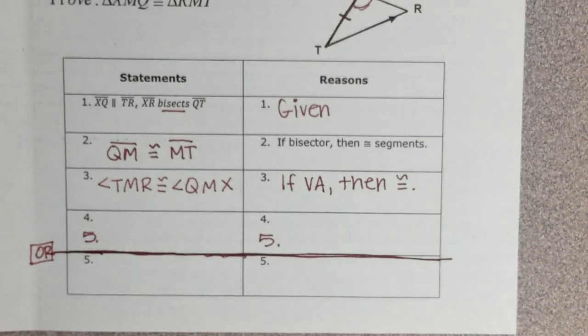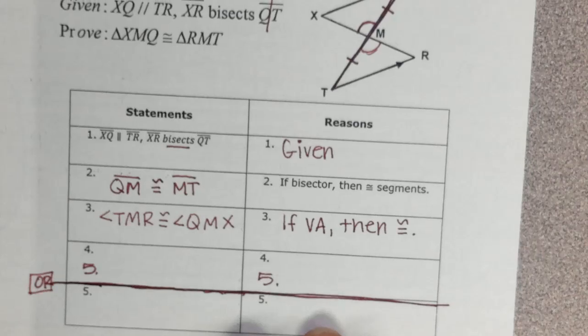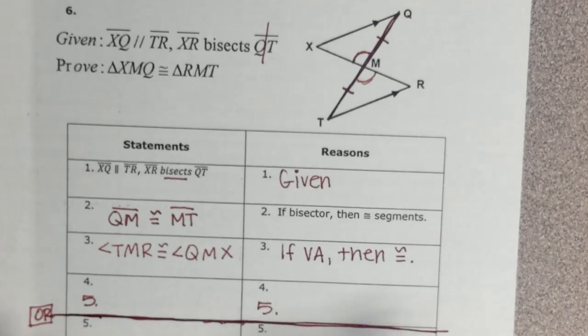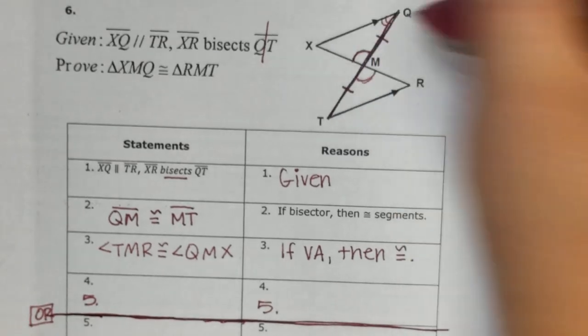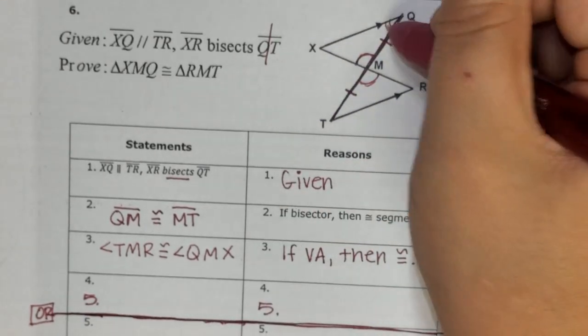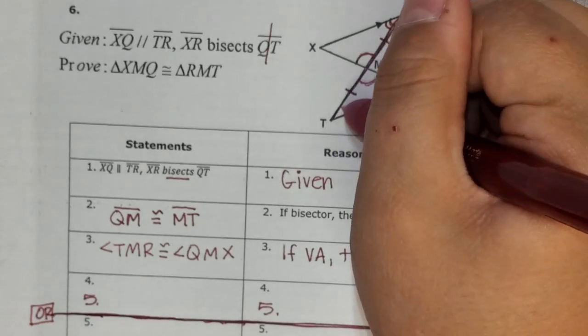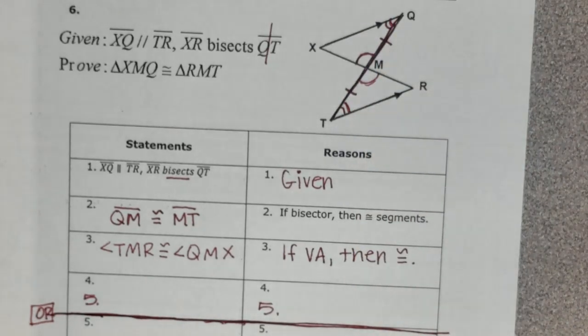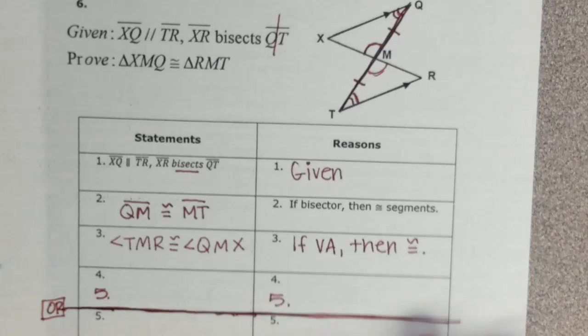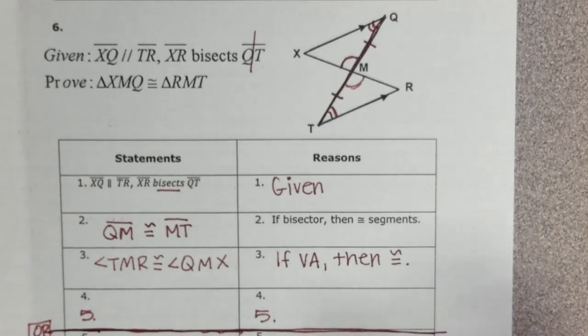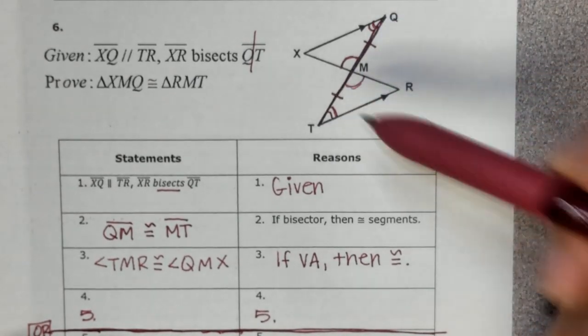Okay? What other information have I kind of ignored? Parallel. And because they're parallel, what do I know about this angle Q? It is congruent to angle T. Why? Because it's alternate interior angles. Do y'all remember that? Alternate interior?